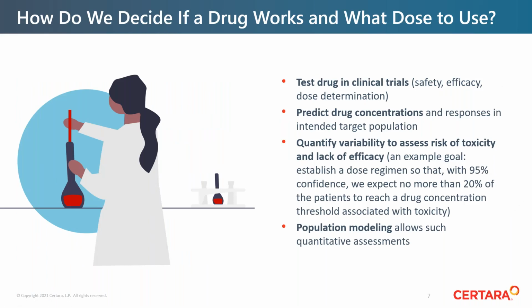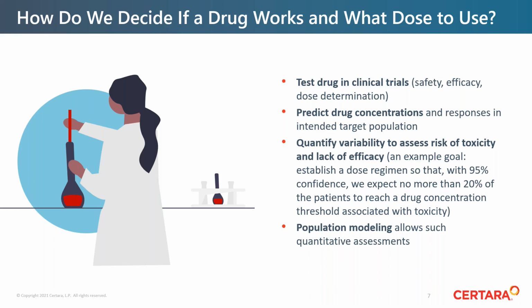So we do this in a variety of ways, but essentially we do our early stage clinical trials. Initially, you've got safety trials in phase 1, efficacy comes in as your phase 2A studies, and later on in phase 3, you're concentrating more on dose determination. And during this time, you're predicting those drug concentrations and, most importantly, the responses in that intended population. And then later on, as you've quantified the variability in those relatively homogeneous populations, you can go on to maybe firstly predict an effective dose regimen.